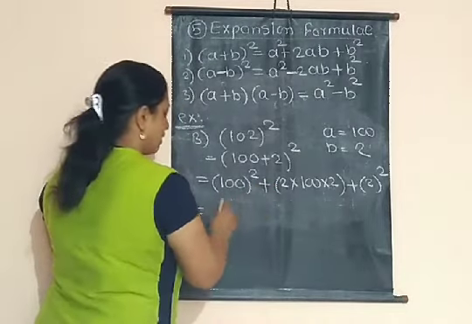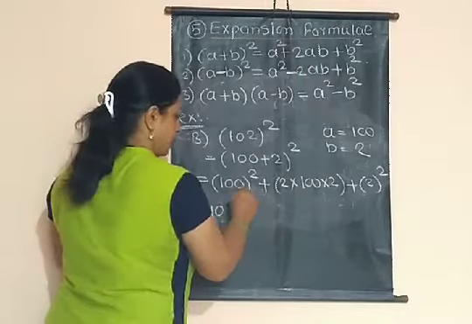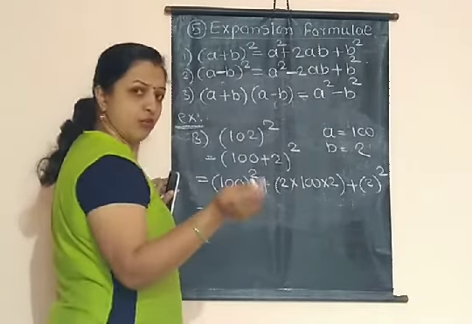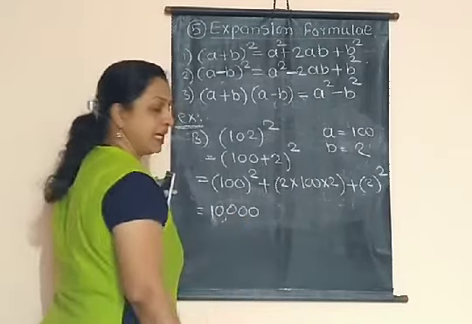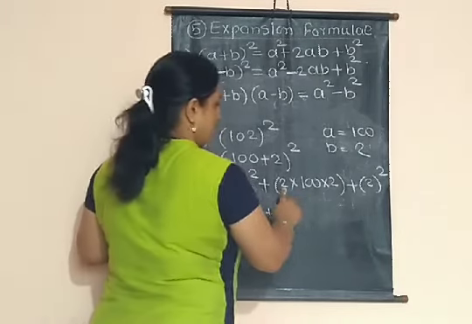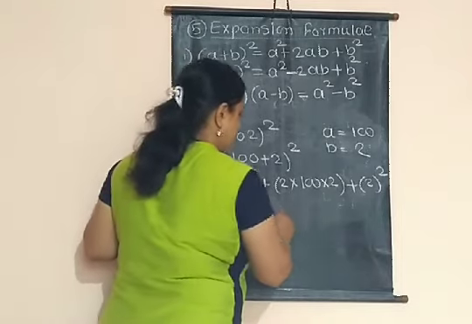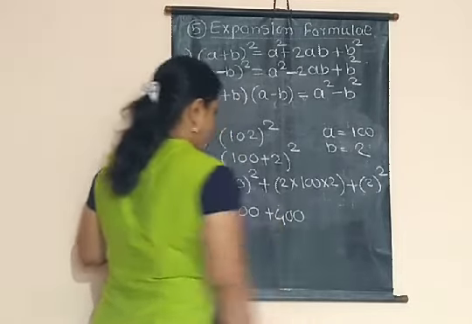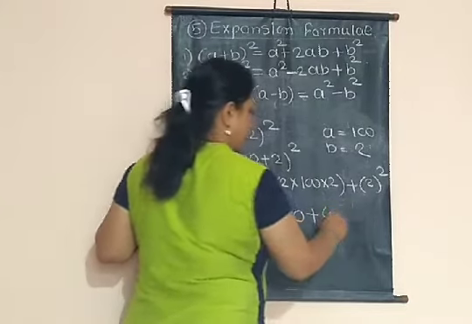What is the square of 100? That we have to give 4 zeros. Here there are 2 zeros and its square 4 zeros. So 1, 2, 3, 4. It is 10,000 plus 2 into 2, that is 4, into 100, that is 400. Okay, and plus this 2 square, that means 4.